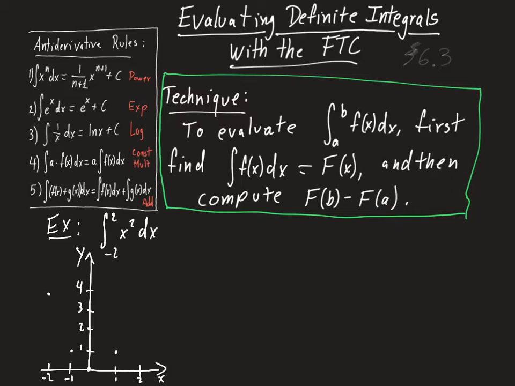But nevertheless, the function that we're looking at looks something like this. And the question of evaluating this definite integral actually comes back to computing this area here in red.